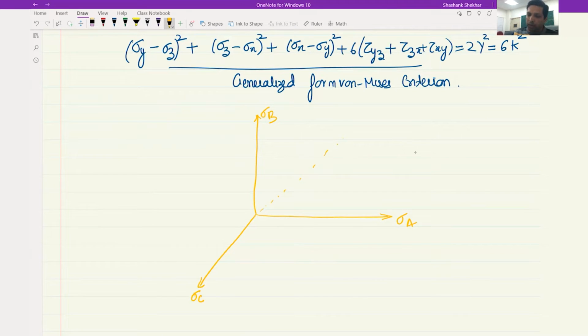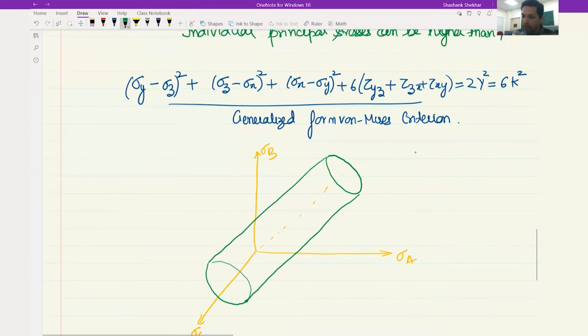And the tube would be, so this is what the equation that we have describes. This is the surface that you will get for the yield in the 3 principal axis directions.